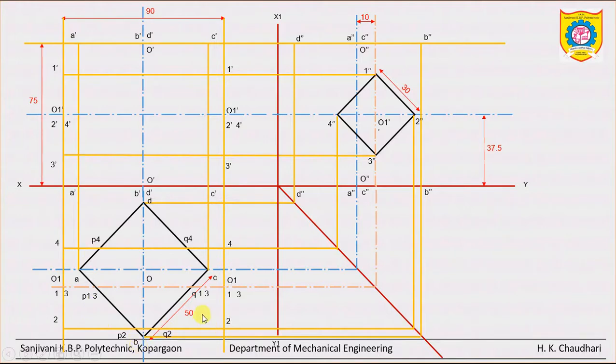Now see, the next step is to locate the position of the observer. This is the observer position, and similarly here. When we observe the intersection from this direction and from this direction, we can draw the front view of the given intersection.